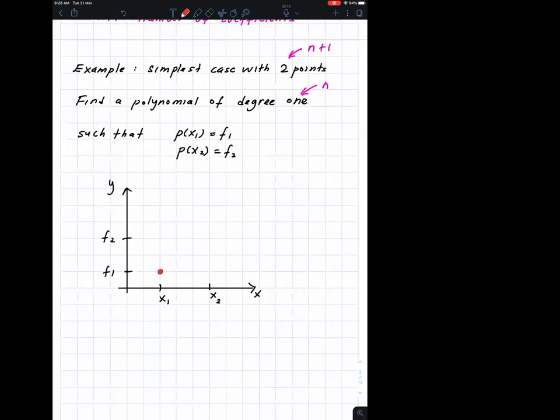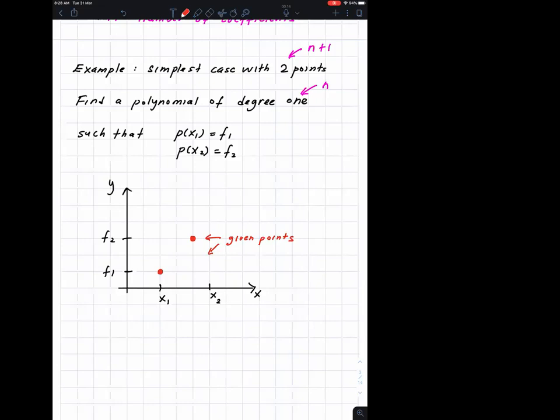So this is one coordinate. At x2, you have f2. So this is the other coordinate. These are the given points, shown in red. There's one here, and then there's another one over there.